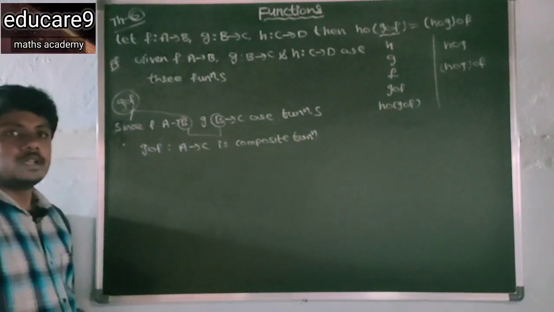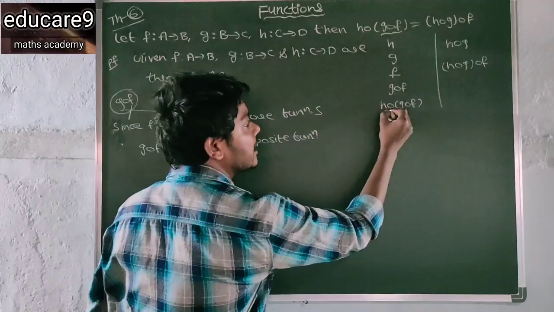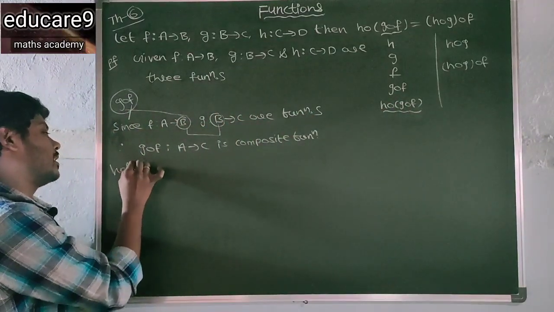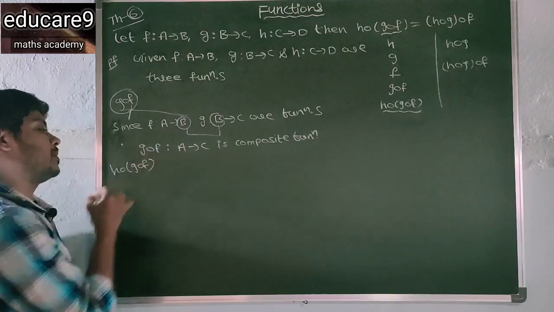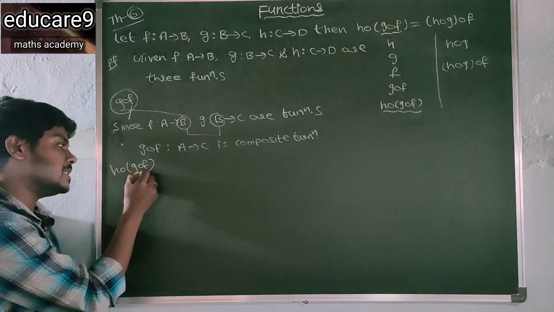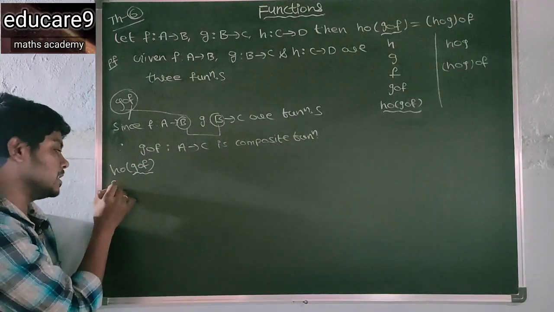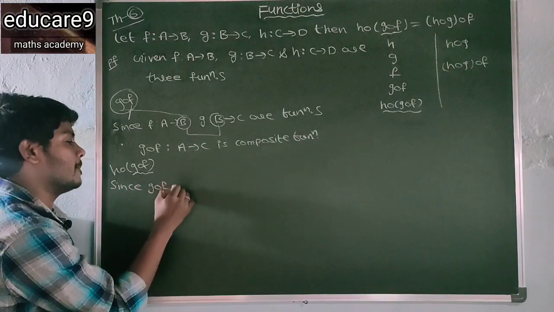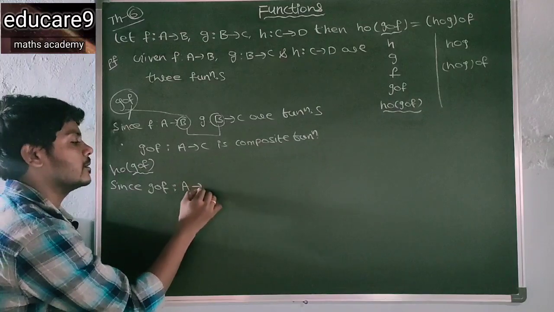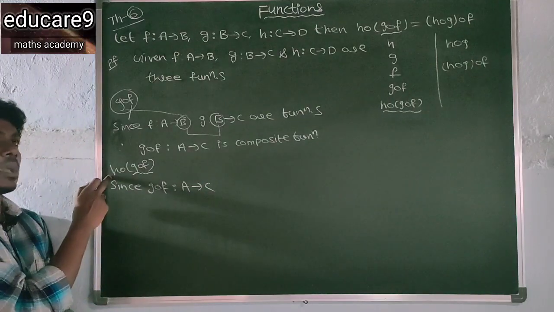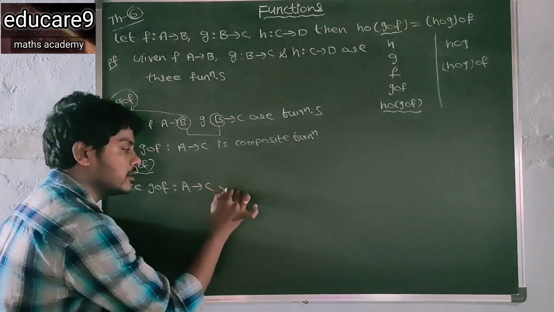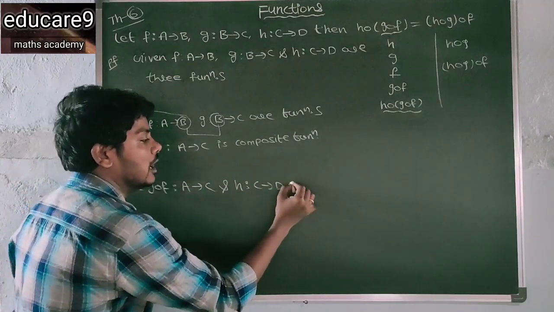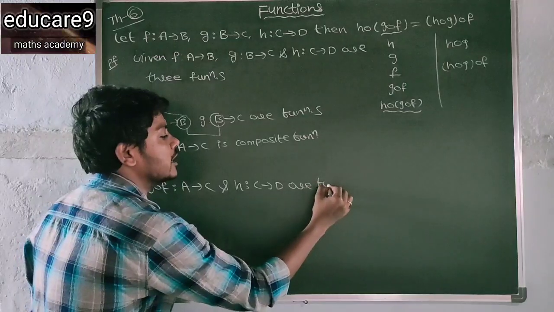Next we want to write H circle G circle F mapping. See here, H circle G circle F mapping. First write G circle F mapping, since G circle F from A to C, and write the first mapping, that is H. So G circle F and H from C to D are two functions.